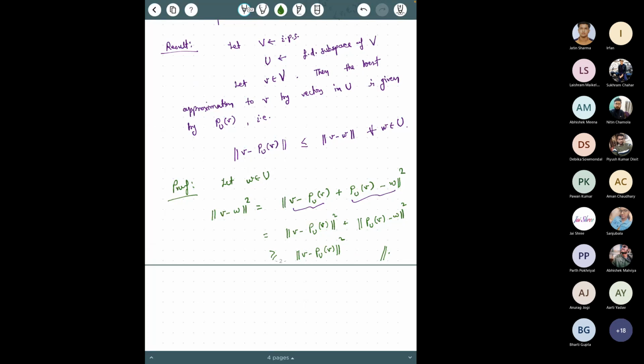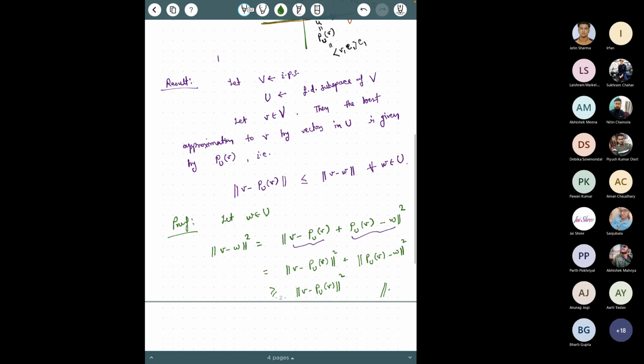Okay. And now clearly, I have taken here v in the vector space V, but v can belong to U also. Then what would be the nearest vector to this vector v?